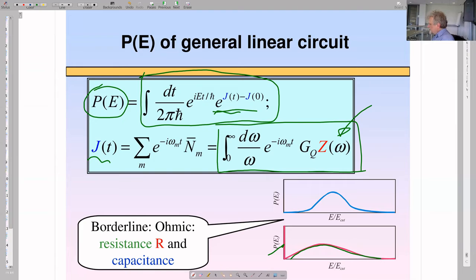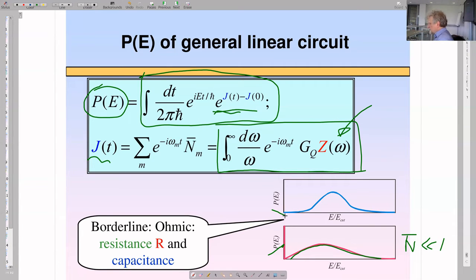For an oscillator that would correspond to a small average number of quanta, which corresponds to small interaction. The alternative is as follows. There is no elastic tunneling whatsoever.